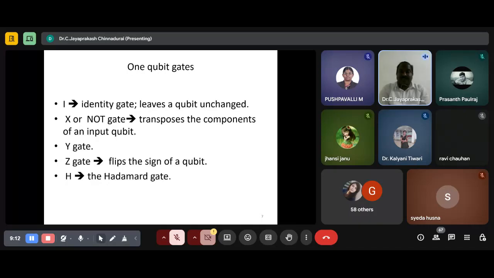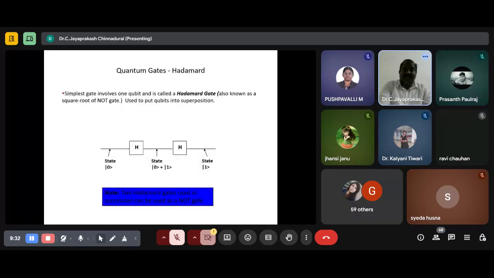And the Y gate. The Z gate flips the sign of a qubit. We can see an example of how the sign will be flipped. So the Z gate flips the sign of a qubit, and H is the Hadamard gate. These gate symbols we already saw in the previous slide, and the output is in matrix format, like that.